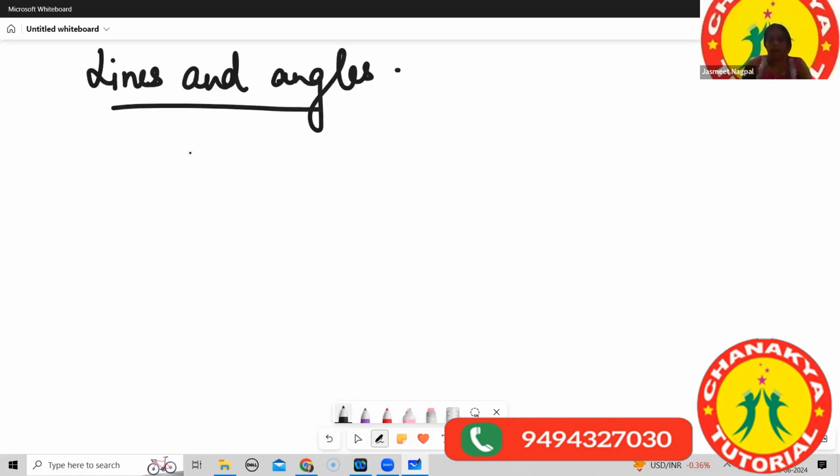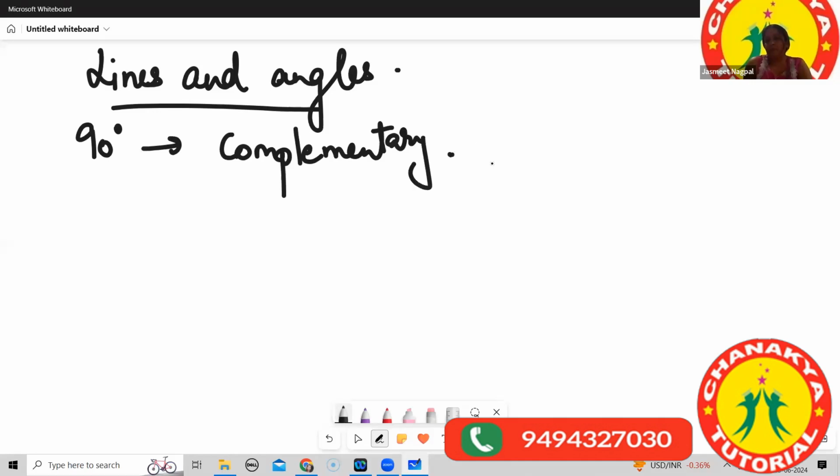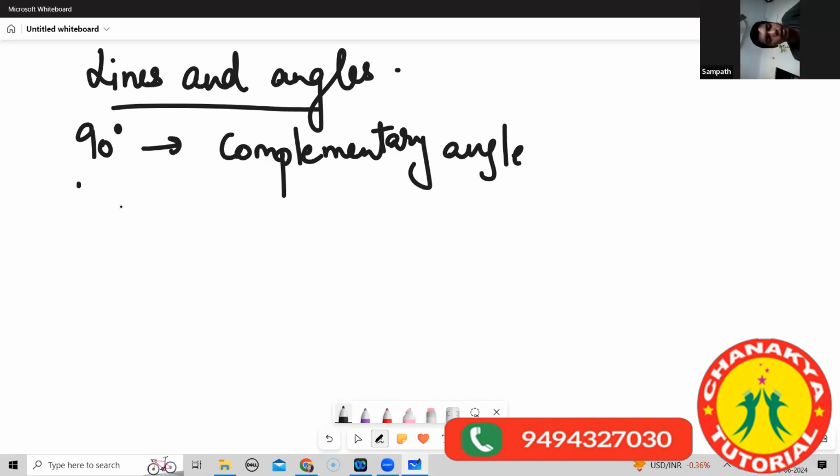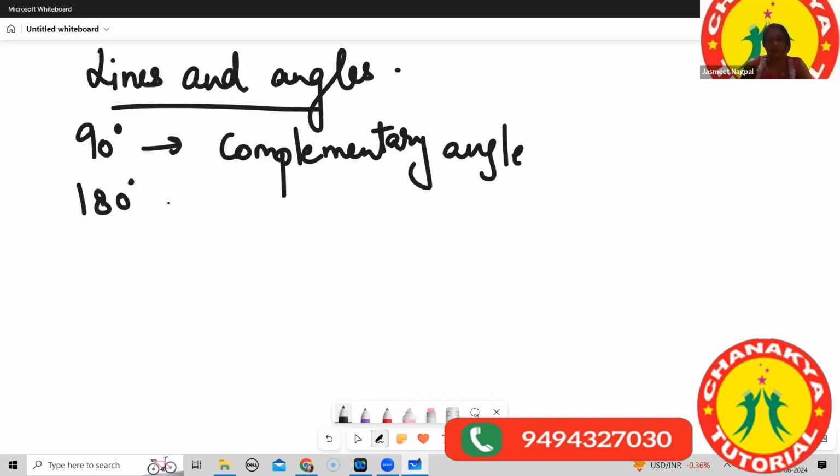Two angles having the sum of 90 degrees is known as complementary angles, right? And the next one is supplementary. Do you know what supplementary is? Two angles which make up the sum of 180 degrees. Very good. So that is known as supplementary.